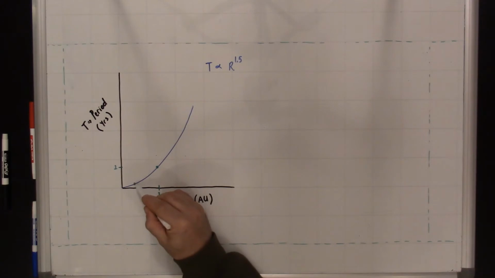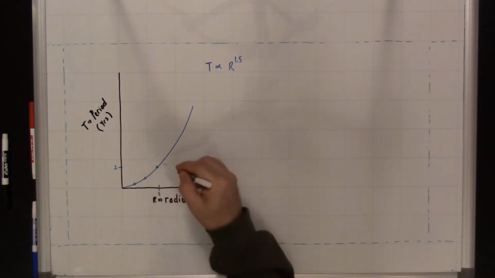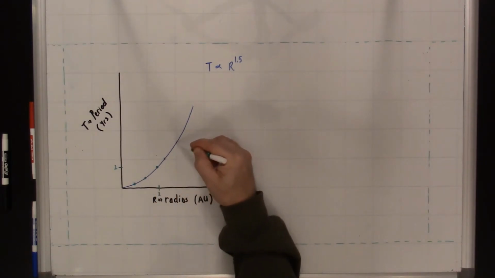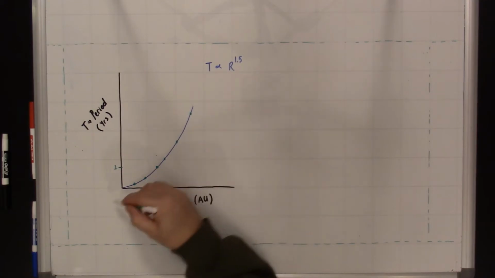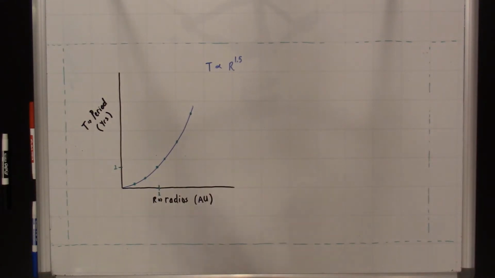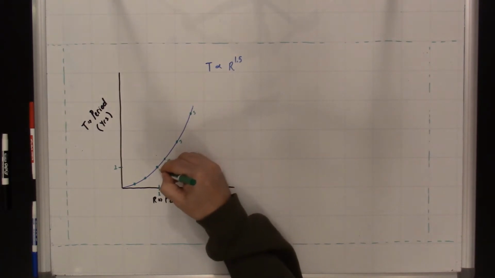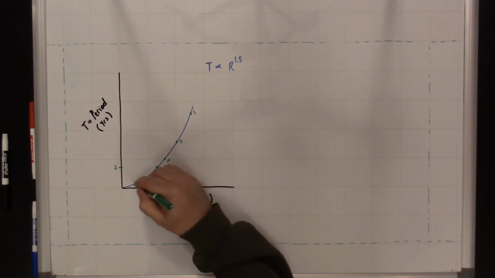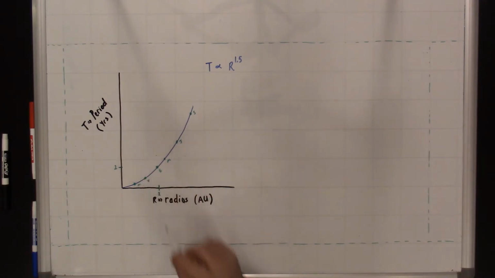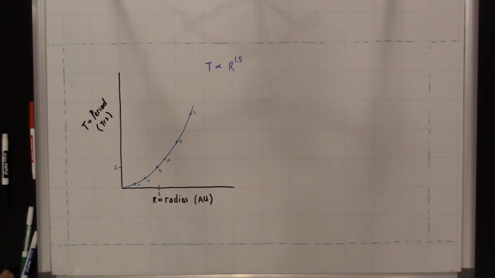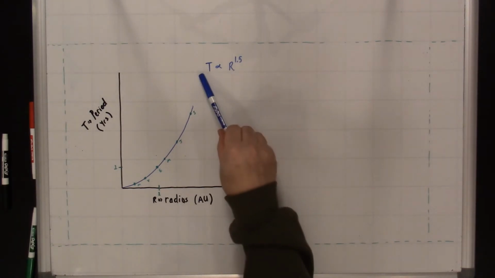Mercury and Venus would be over here. Mars, Jupiter, and Saturn would be over here, but everybody's somewhere on this line. So this is Saturn, Jupiter, Mars, Earth, Venus, and Mercury. So what does this mean? Well, it means that the farther out you are, the more time it takes to go around.